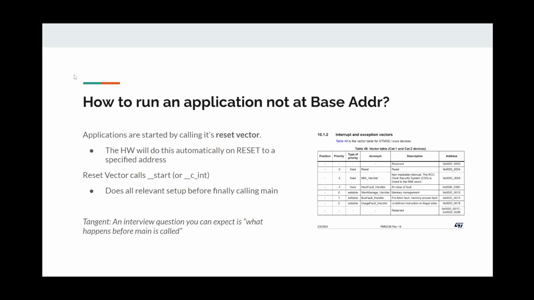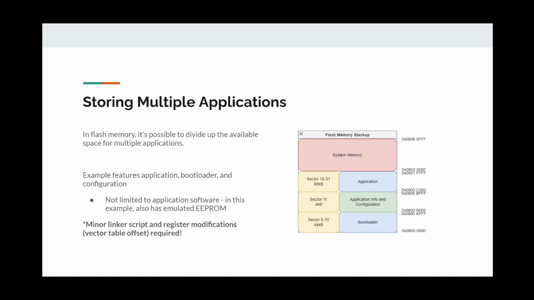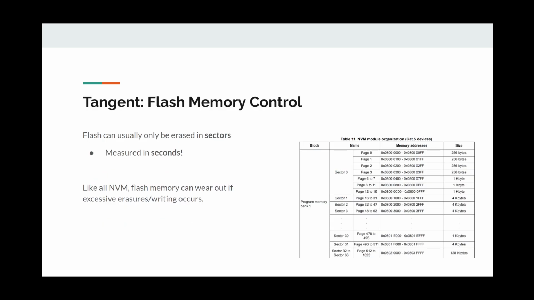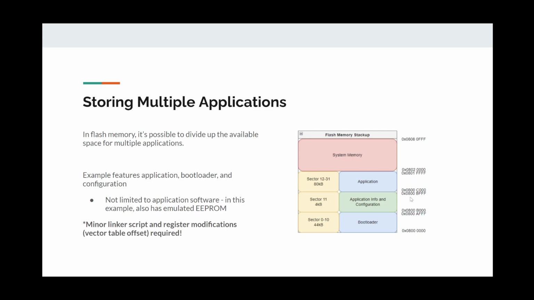So a question that you might ask is, how do you run an application not at the base address? And to clarify what the base address is, it's this number right over here, 0x8000000. That is the address that the embedded system is going to first boot at. But clearly this application is not at that address. It is some 48 kilobytes above that.